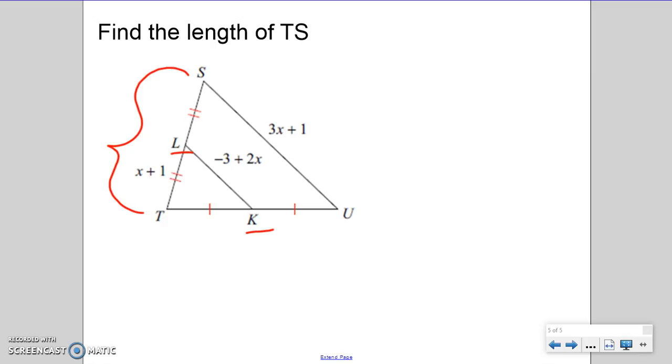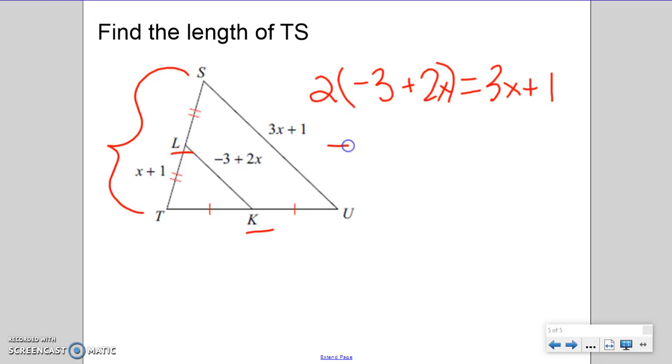So I can say that 2 of the -3 plus 2x pieces is equal to 1 of the 3x plus 1 pieces. So 2 of the midsegments is equal to 1 of the full segment.